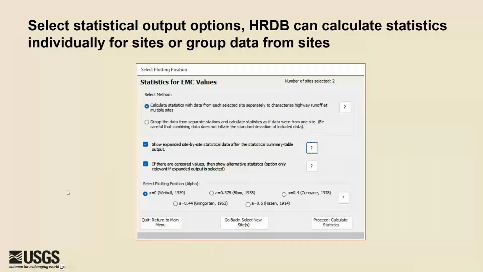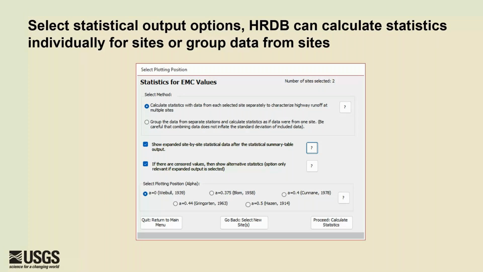The final screen that you'll interact with provides some statistical output options, including the option to calculate statistics for a grouped set of EMCs, or we can treat each site individually. The option to show the alternative methods for censored data is also available, which can help some users save some processing time to explore those methods.